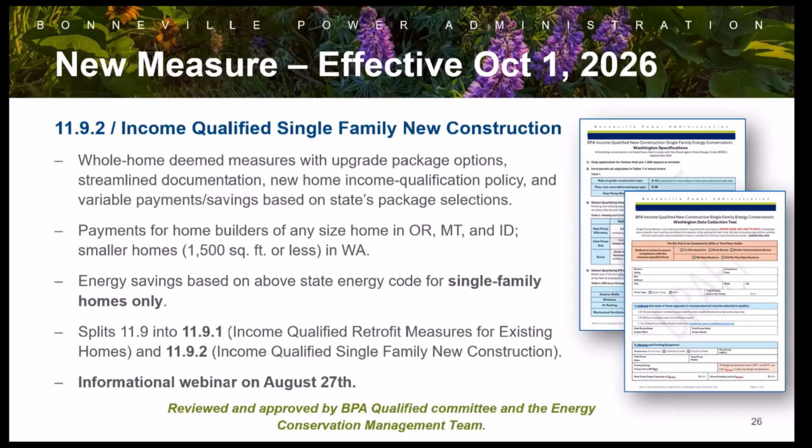So I do want to call out only for single family, not multifamily or manufactured homes at this time. And how this will appear in the IM is we'll actually be splitting the income qualification section into 2. Right now, we only have 11.9, and we'll be splitting it into our retrofit measures in 11.9.1 and then 11.9.2 for our new construction.